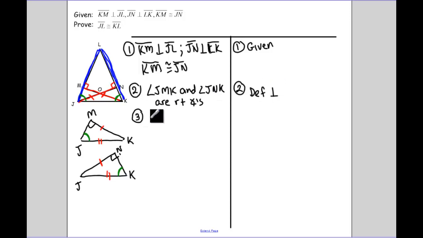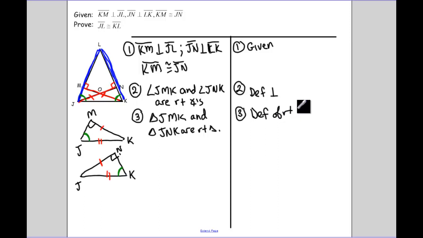So then I know triangle JMK and triangle JNK are right triangles. I need to state that if I want to use hypotenuse-leg, because that's the definition of a right triangle.